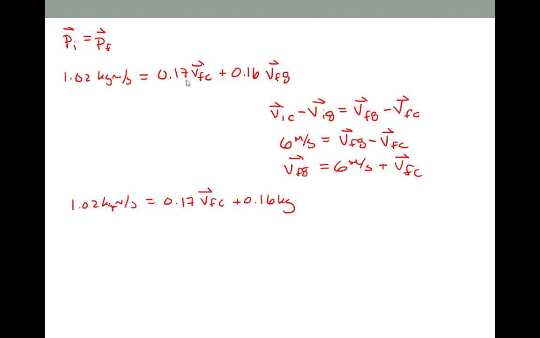I lost units up here. Let's put them back in really quick. There we go. And now I'm going to get rid of the parentheses.